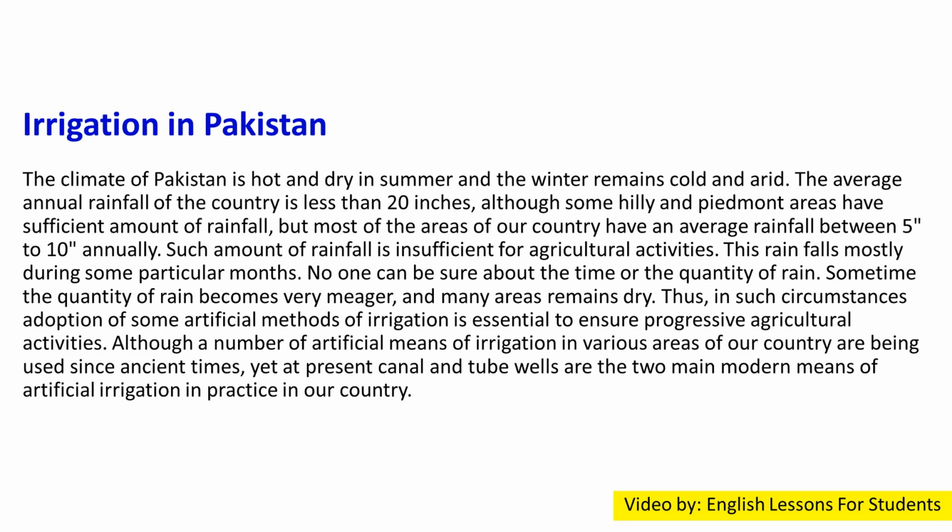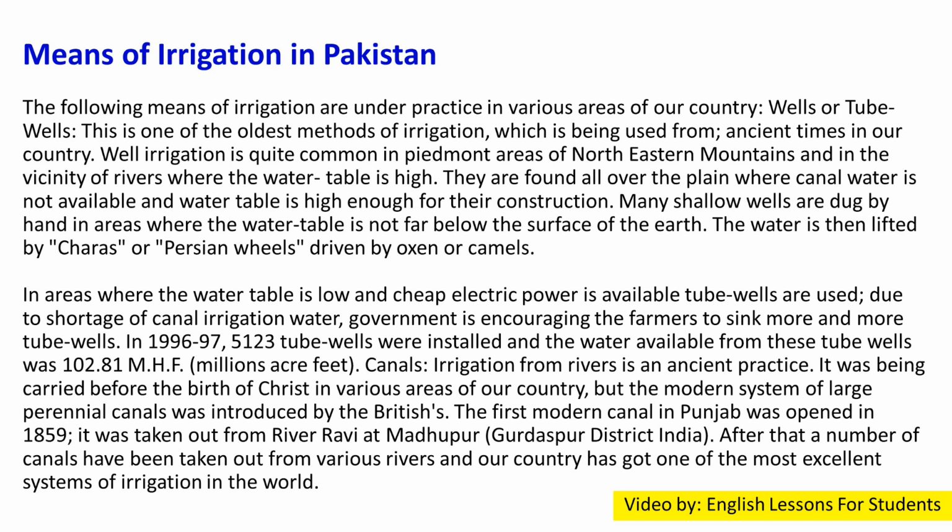Although a number of artificial means of irrigation in various areas of our country have been used since ancient times, yet at present canals and tube wells are the two main modern means of artificial irrigation in practice in our country.